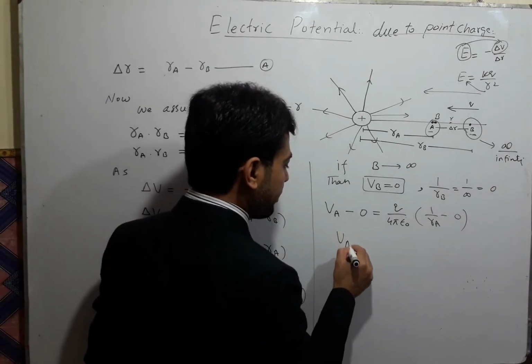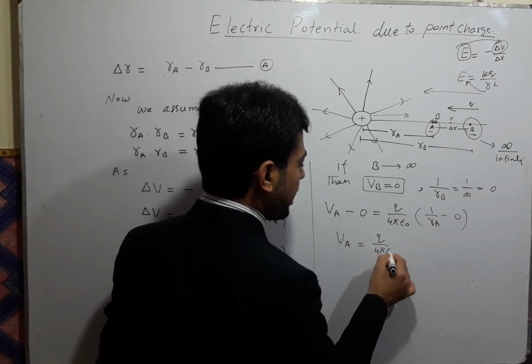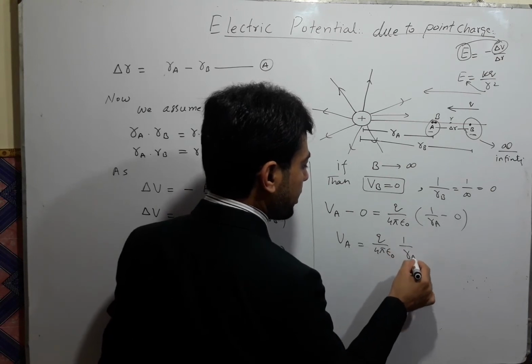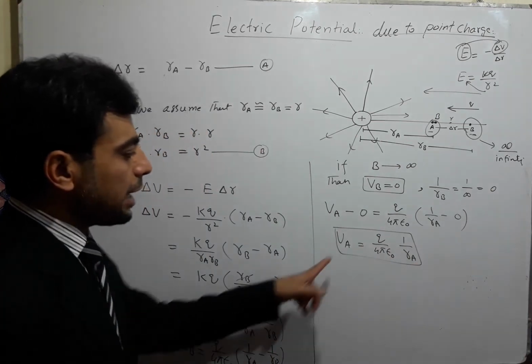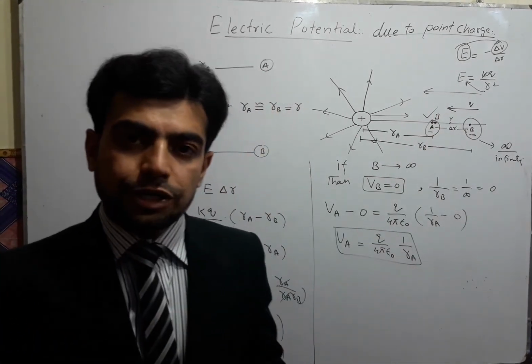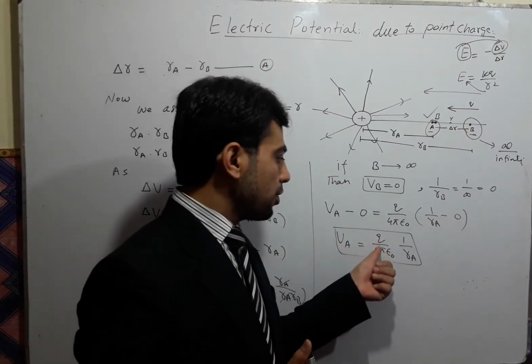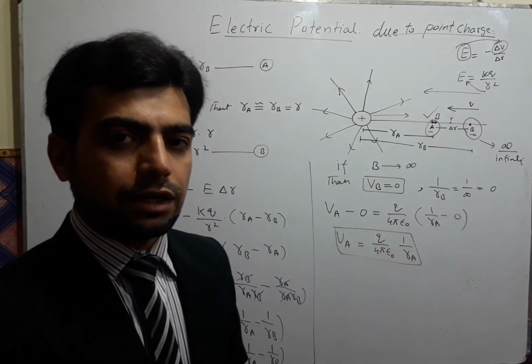So we are left with the potential at point A equal to Q over 4 pi epsilon naught into 1 over RA. This is the electric potential due to charge Q at point A.